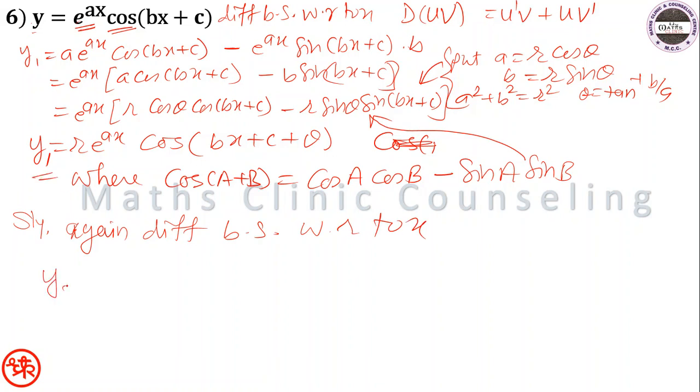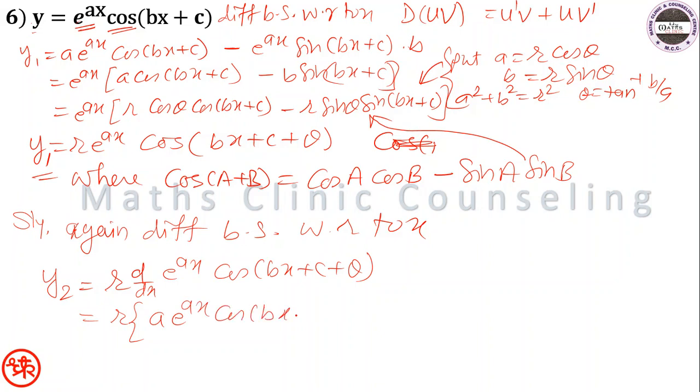That is y2. r is a constant. So d/dx of e to the power ax into cos bx plus c plus theta, and that is equal to r into a e to the power ax into cos bx plus c plus theta, plus e to the power ax into minus sin bx plus c plus theta into b.